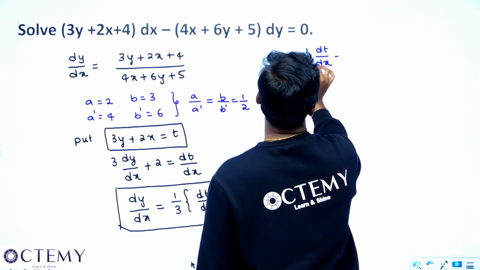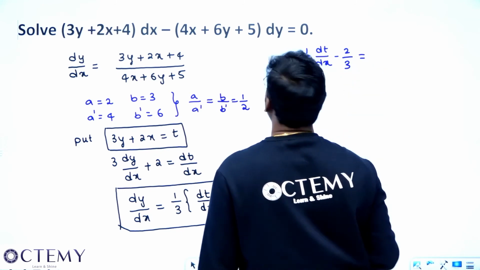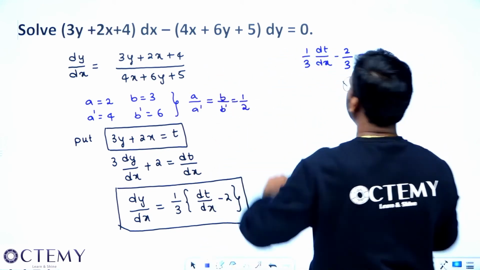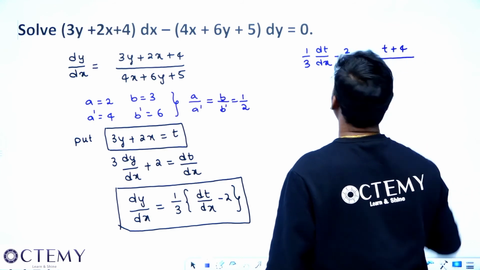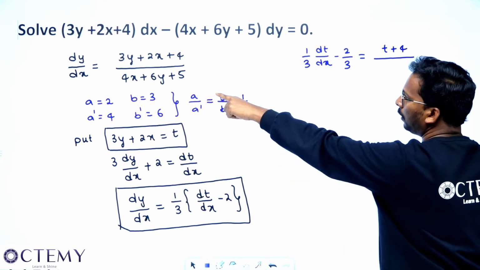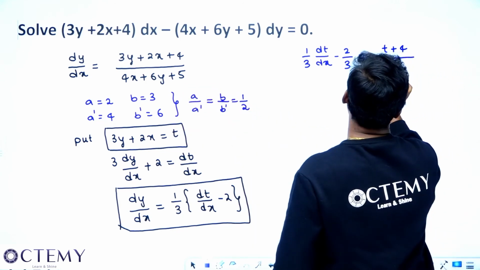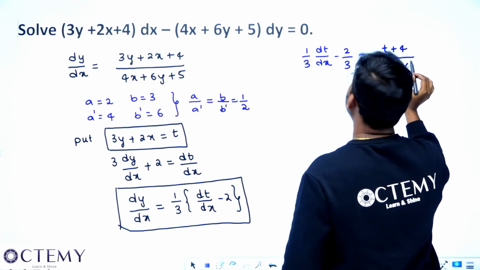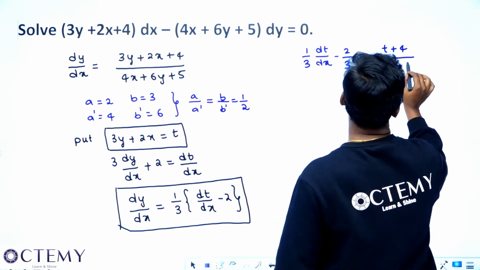This will become 1 by 3 dt by dx minus 2 by 3 will be equal to, that will become t plus 4 divided by, sir, can you take 2 common? If you take 2 common, it will become 2x plus 3y. So it will become 2t plus 5, sir.